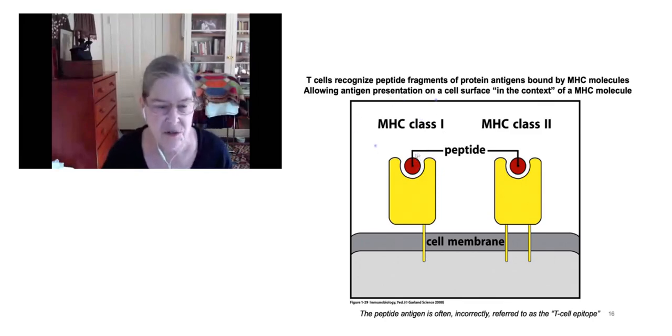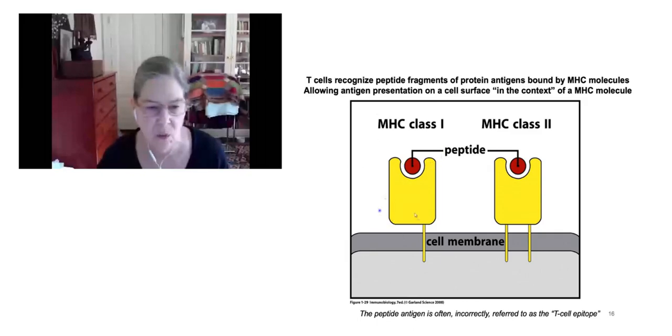Cytotoxic T cells, CD8 cells, recognize class 1 MHC, and helper T cells recognize class 2 MHC. And actually, the T cell receptor will bind to the surface here, whereas the CD8 molecule will feel around to the lower part of the molecule and go, oh yeah, that's class 1 MHC, let's do this.